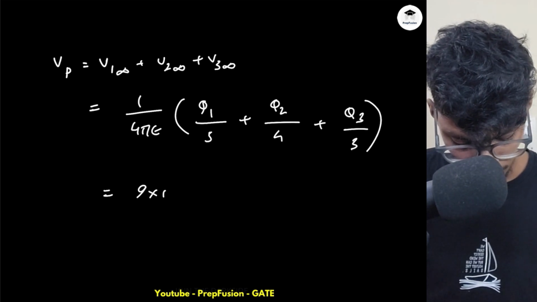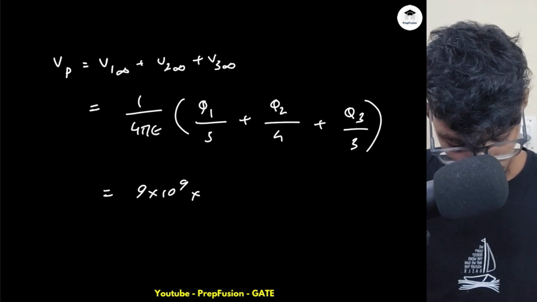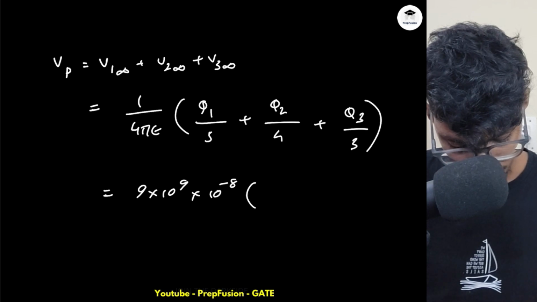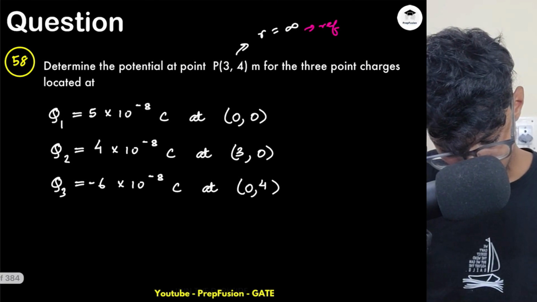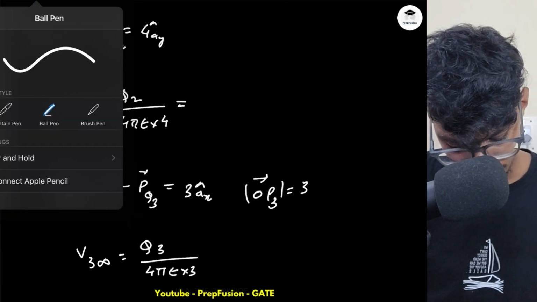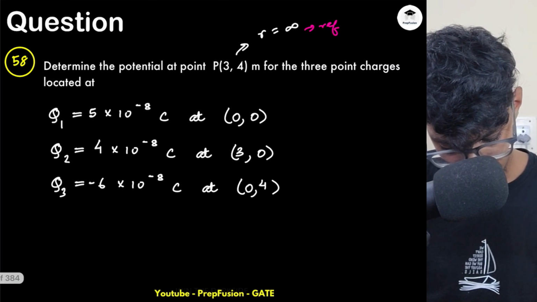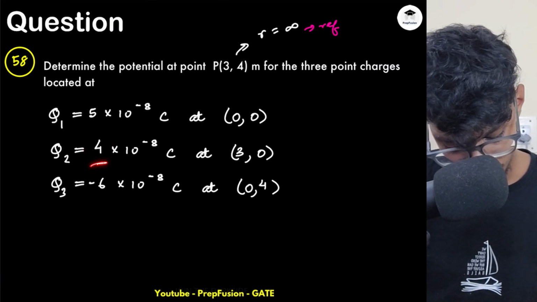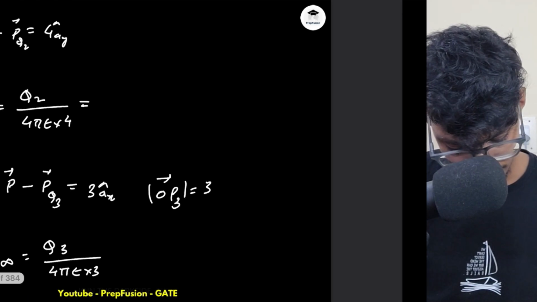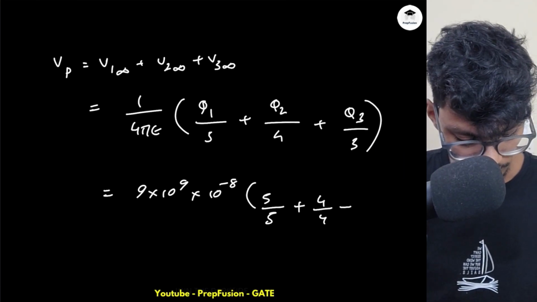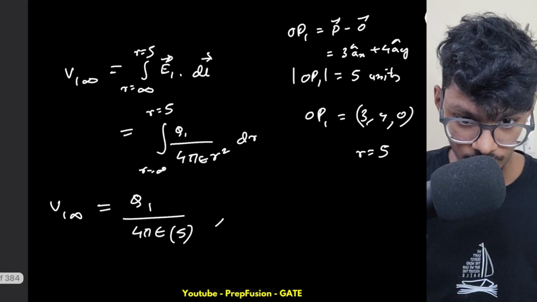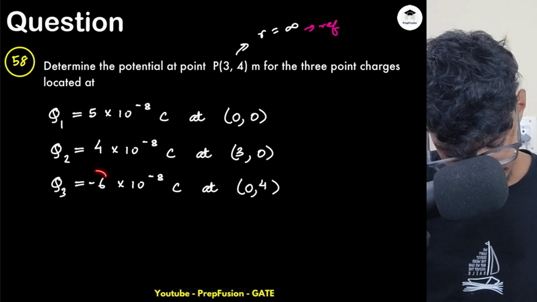So this is 9 into 10 raised to power 9, and everything has 10 raised to power 8 common. And what is q1? q1 is 5 into 10 raised to power 8. So it is 5 divided by 5 plus, now this is plus only, so that's fine, 4 into 10 raised to power 8. So this will be 4 divided by 4. This plus, do keep a note here, this is minus 6.